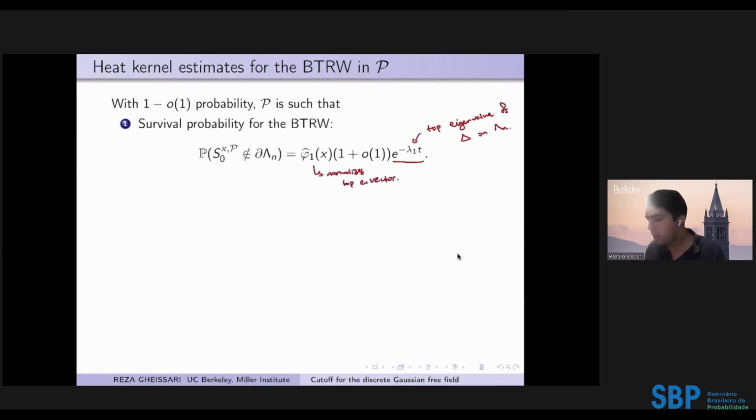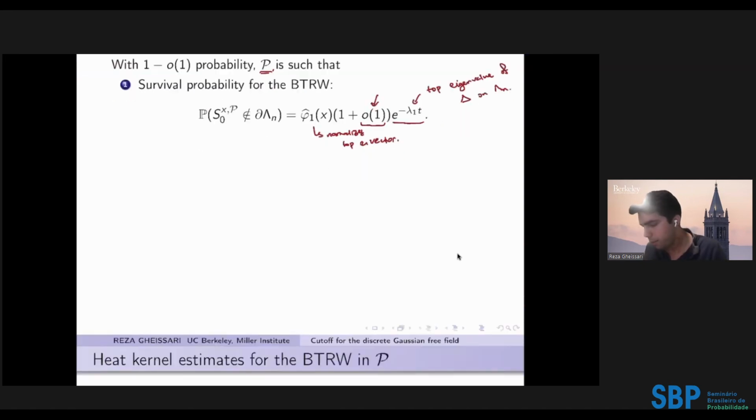Okay, so the survival probability decays exponentially in the top eigenvalue of the Laplacian on lambda n. This is a common thing for these kinds of heat equation type evolutions. But you see that the contribution coming from the fluctuations in the p can be absorbed into a little o of 1 multiplicatively. Okay, so that's not so bad.